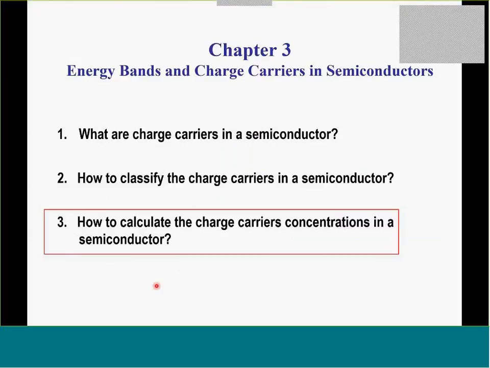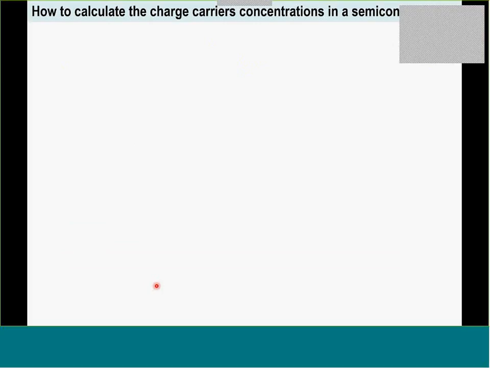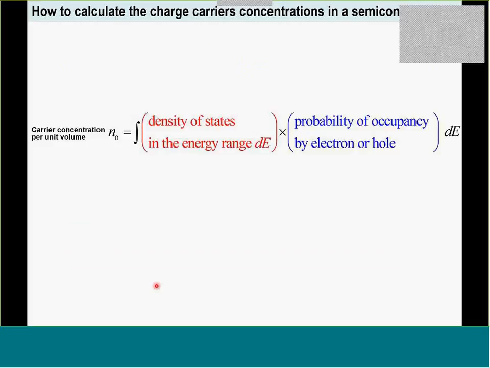Okay, let's go to how to calculate the charge carrier concentration in semiconductors. So now we are more on calculating it. What are the equations that we are going to use? Most of the terms are the carrier concentration per unit volume, which is either n or p: n is for electrons, p is for holes.